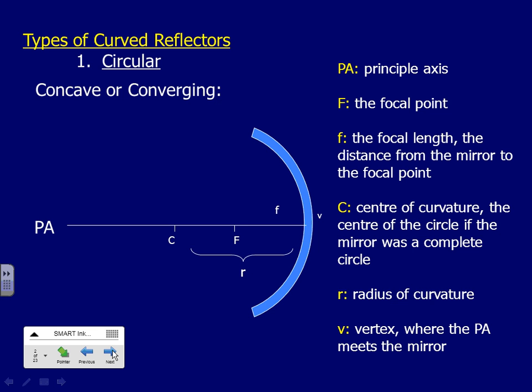All right, does that make sense? If you made a complete circle out of it, that would be the center of it. Okay? And because my little mirror here is not as curved as the protractor, then its center of curvature would be further away because its circle would be bigger. Okay? But it's an important part, C, all right?